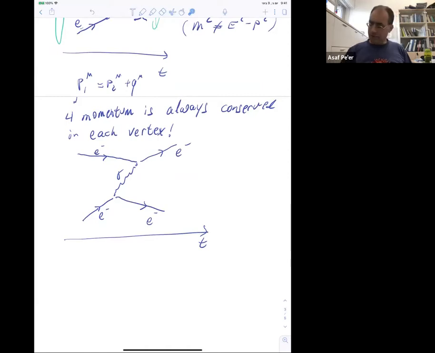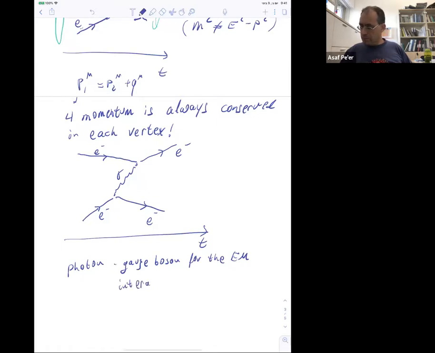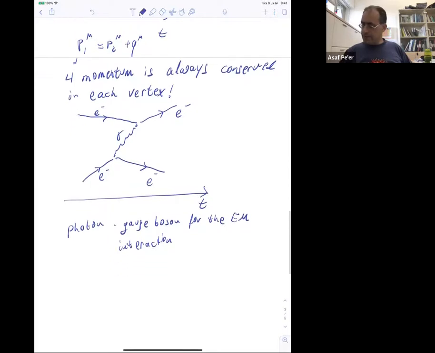So for the photon, which I just described, this is the gauge boson for the electromagnetic interaction. These are all spin 1 particles. It's massless, so m photon is equal to 0. And the way we describe it is by this wiggly curve.